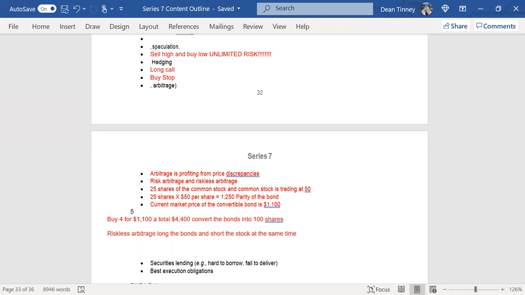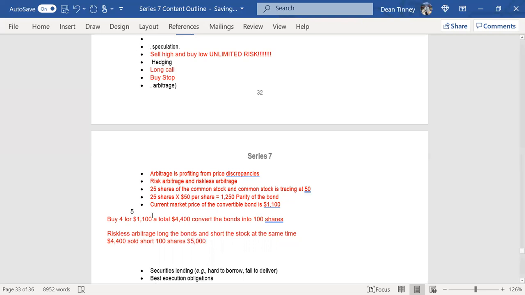I'm selling short the stock to lock in that price discrepancy. So again, I'm out 4,400 for the bonds, and I just sold short 100 shares of the stock at 50. And so I locked in that price discrepancy, and I just made $600. Now, I'll cover the short sale when I get the 100 shares from conversion of the bond, and I give them back to the person I borrowed them from. That's called riskless arbitrage.